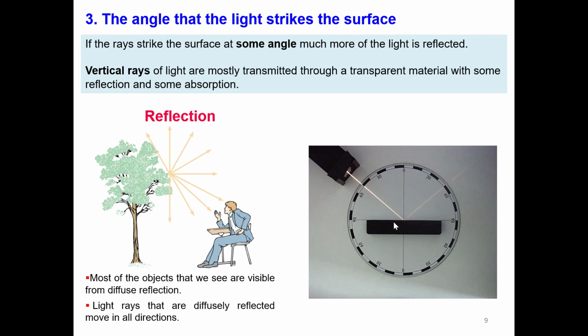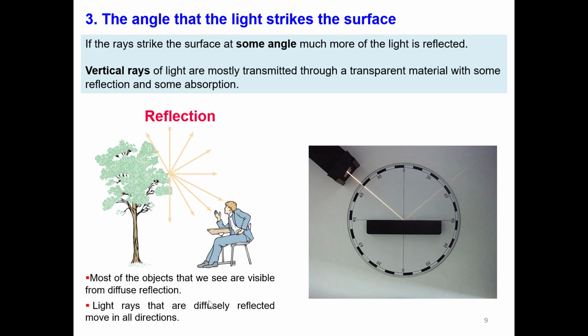And if we have a transparent material here, then most of the light will be transmitted through the transparent material, if the ray is in this direction, a vertical ray. One more thing I want to add here is that most of the objects we can see are visible because the light is reflected in all directions.